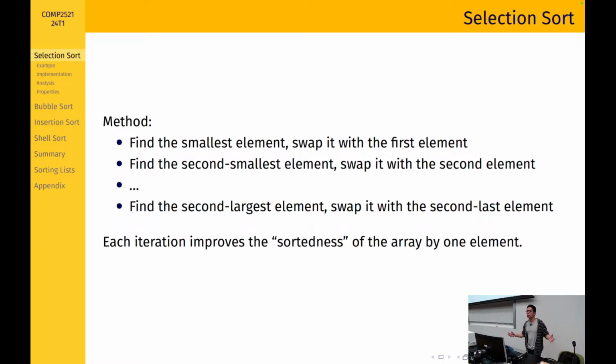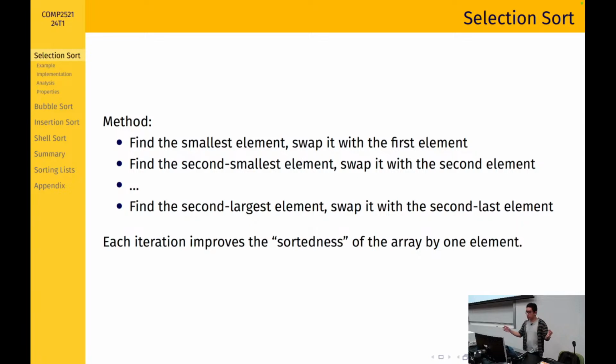And how does selection sort work? It's pretty much the most basic sorting algorithm you can think of. The method is, first of all, you find the smallest element in the array. After you've found the smallest element, you swap it with the first item. And that guarantees that the smallest item is now in the right place.